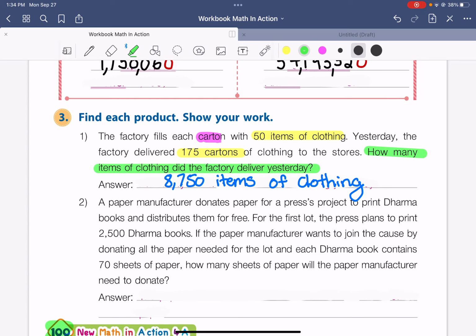Let me highlight that. How many sheets of paper will the paper manufacturer need to donate?